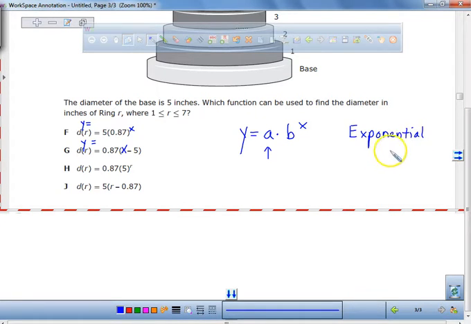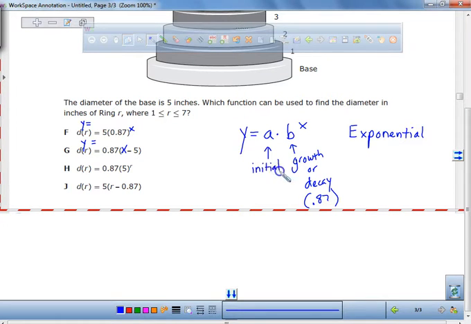An exponential function is either going to have what's called a growth rate, or it's going to be a decay rate, or a decay factor. What's happening in ours? It's not growing, it's decaying, it's getting smaller, right? So what's our factor that's being multiplied to it every single time? 0.87.